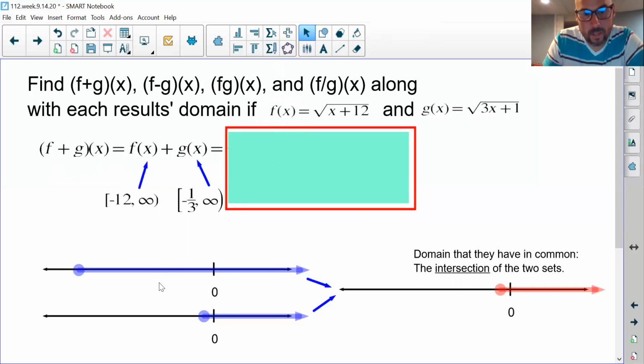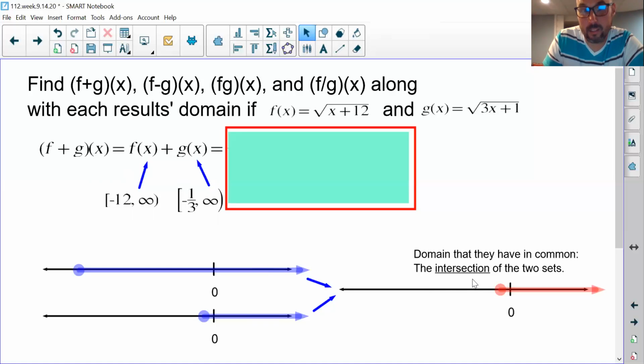So I drew the domains on a number line right here. This top one is from negative 12 to infinity, and the bottom one is from negative 1/3 to infinity. Well, the only domain that would satisfy both would be this red one, from negative 1/3 to infinity. And you're taking this top blue set and this bottom blue set, and you're really finding what x values they have in common.